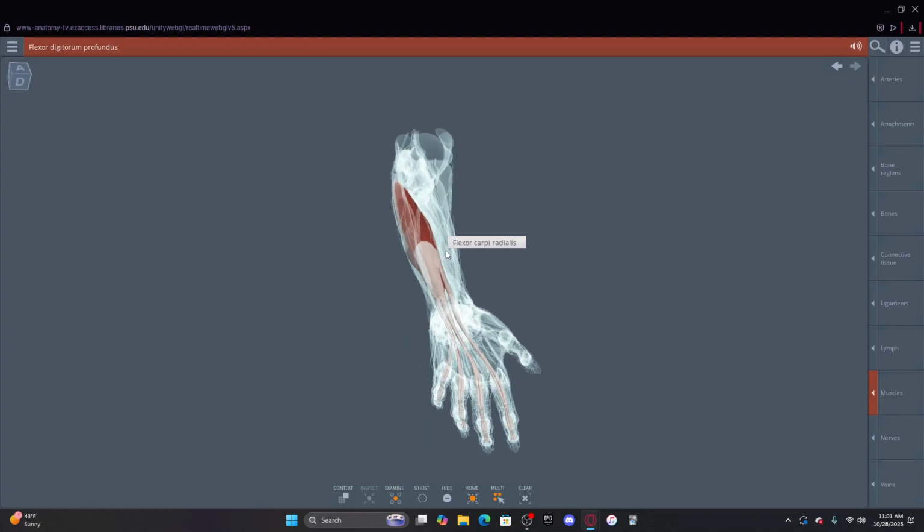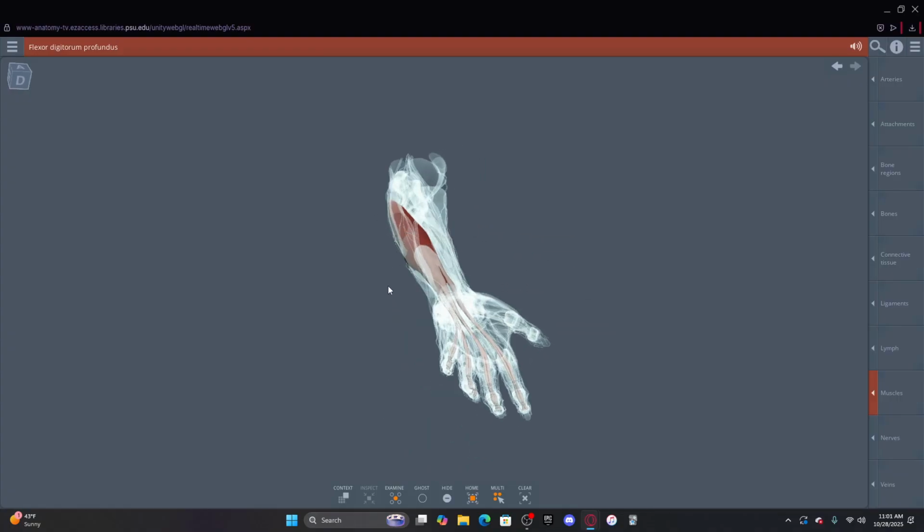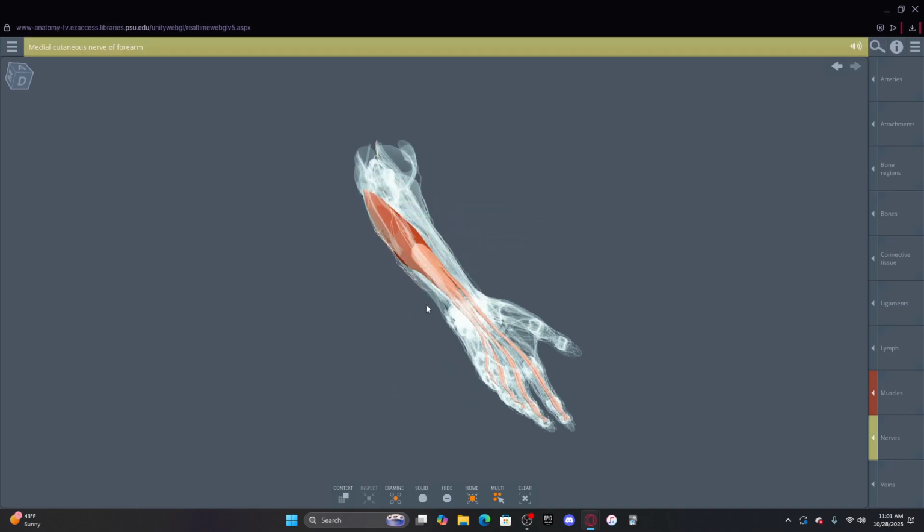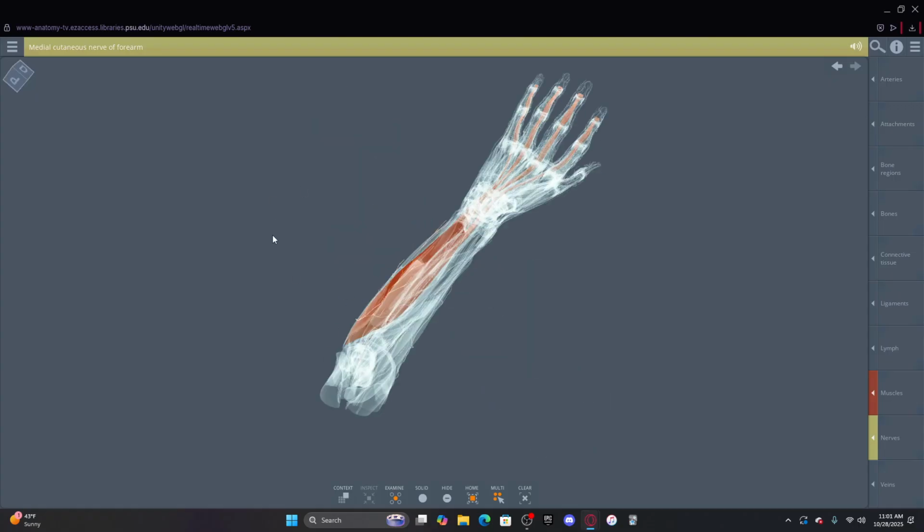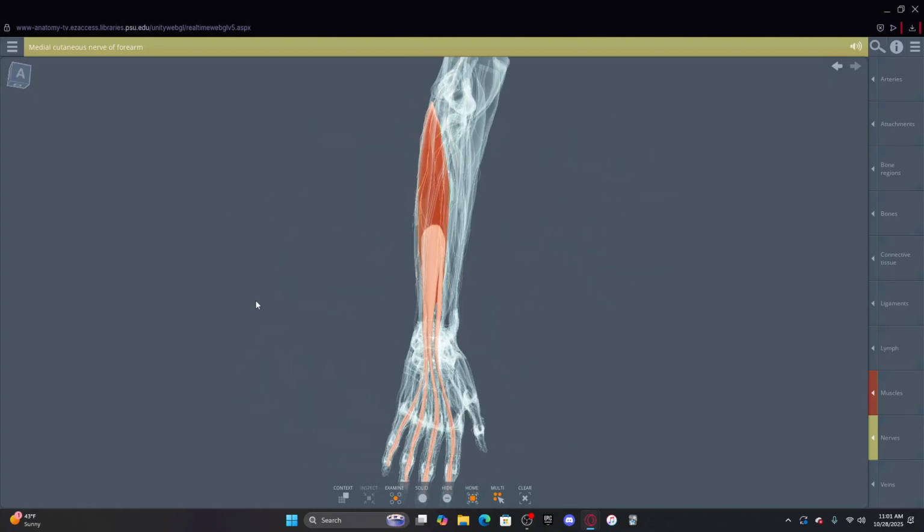And with this muscle, the ulnar half is going to be innervated by the ulnar nerve, and the rest is the median nerve. So that half of this muscle on the ulnar side is innervated by the ulnar nerve. The ulnar is the medial side, and then the rest is the median nerve. So the other half on this side is going to be innervated by the median nerve.